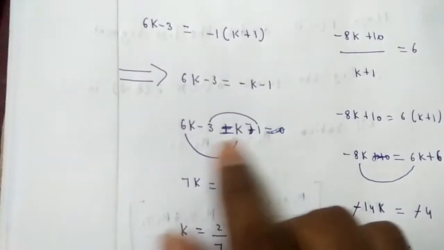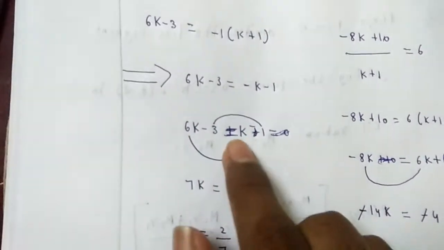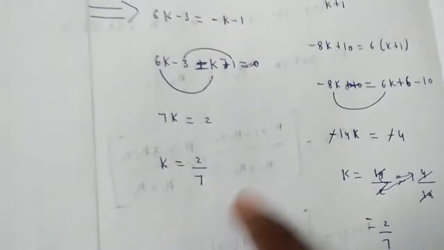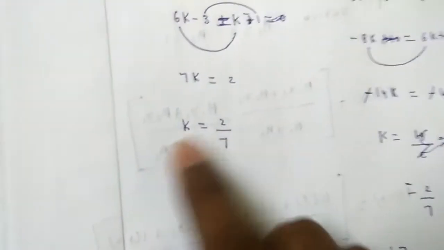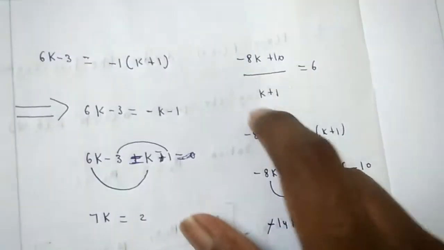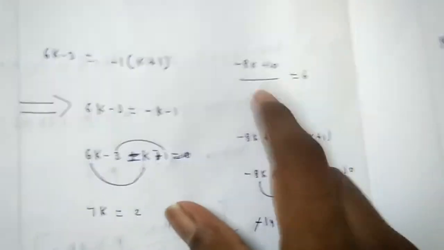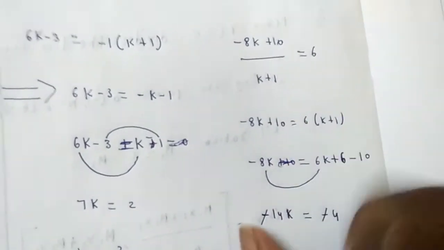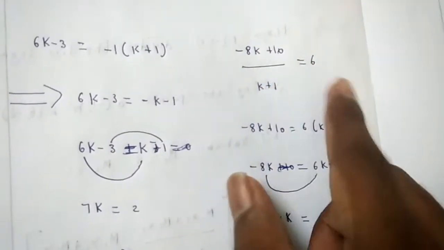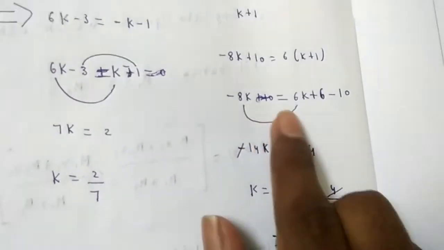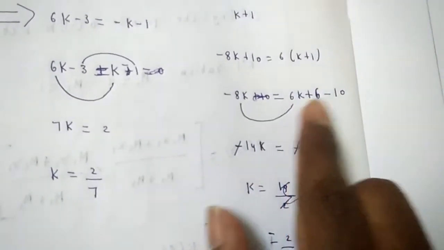Adding k and 3 on both sides, we get 6k plus 1k is equal to 3 minus 1, that is 2, so k is equal to 2 by 7. Now the y step also: (-8k plus 10) by (k plus 1) is equal to 6, so -8k plus 10 is equal to 6 into (k plus 1). Then -8k is equal to 6k plus 6 minus 10.